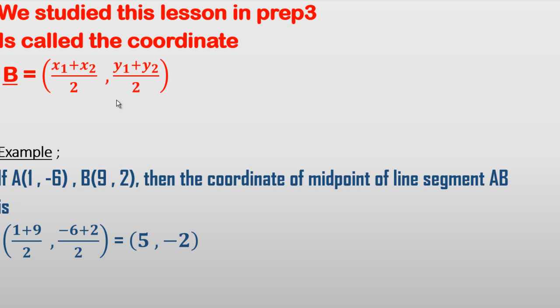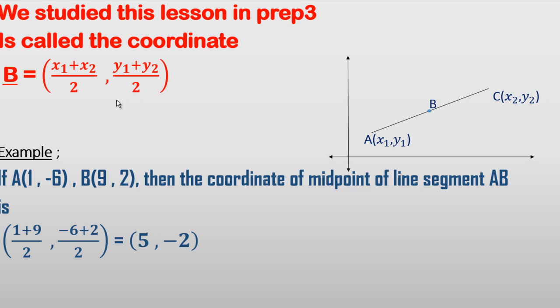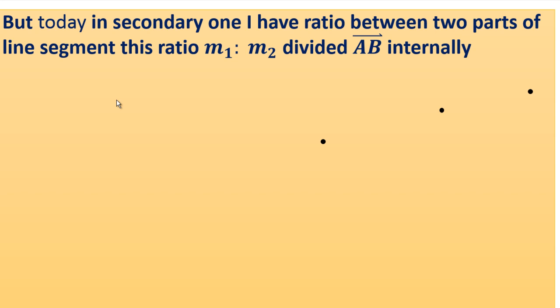This is an example from Prep 3. But today we want the division of a line segment by ratio. Division of the line segment into two parts, M1 to M2, internally.